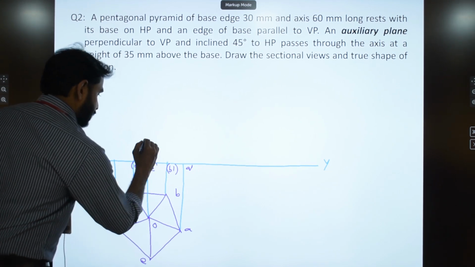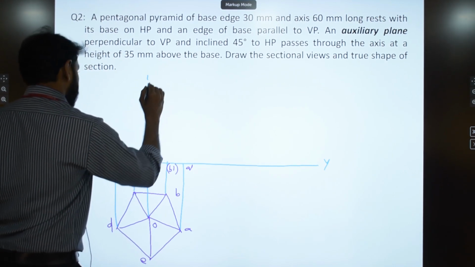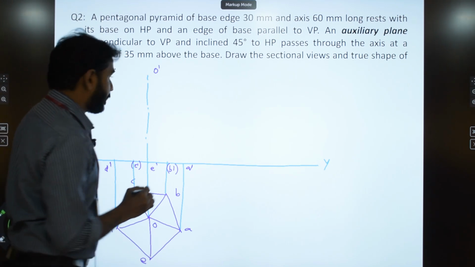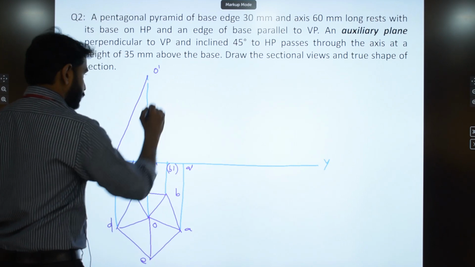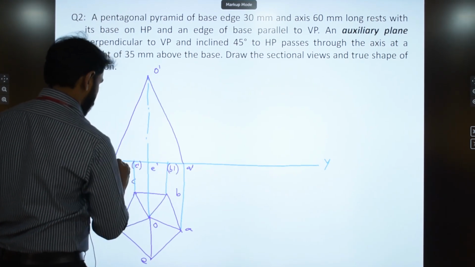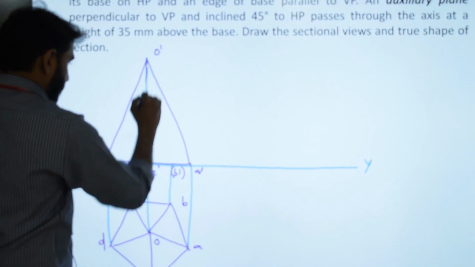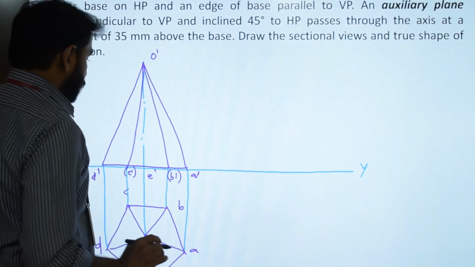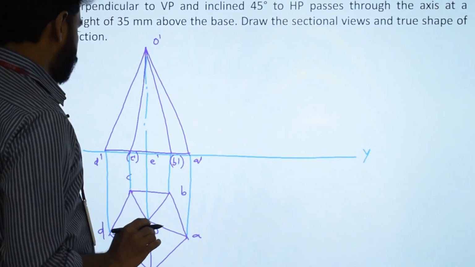Now extend the axis and mark the point O dash. It is the front view of the apex. So I have drawn the front and top views of the pentagonal pyramid in the given position.